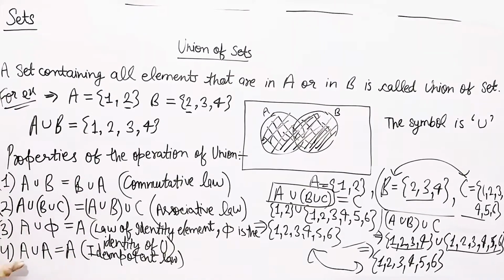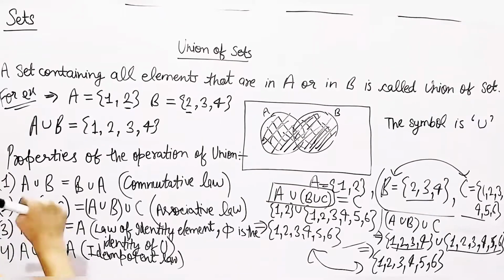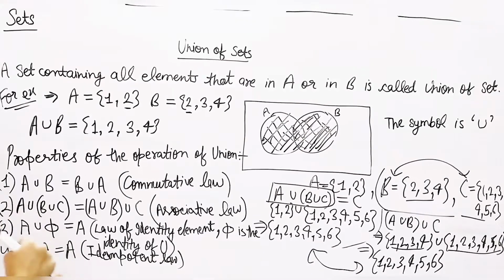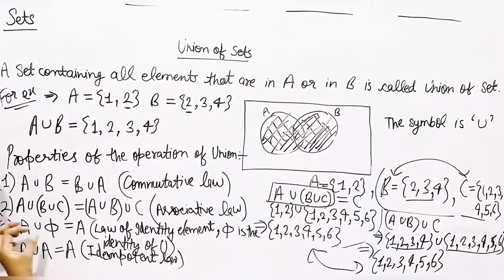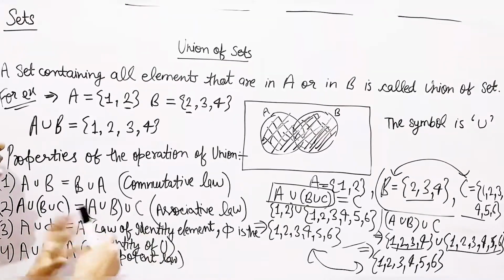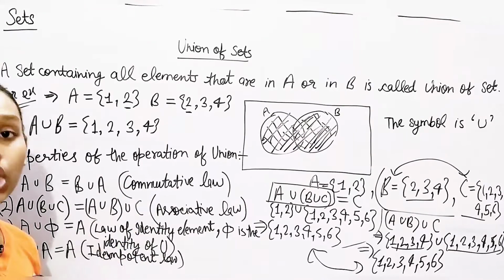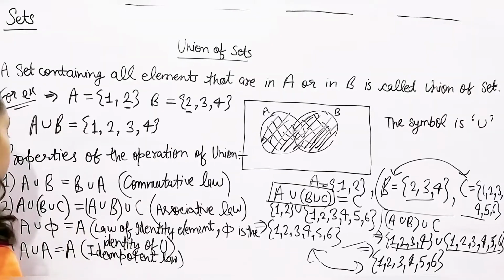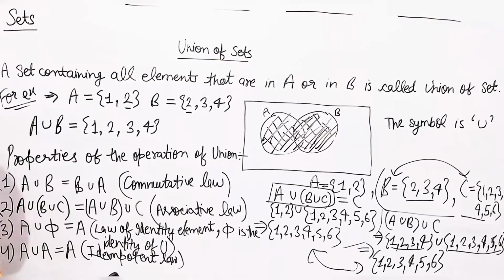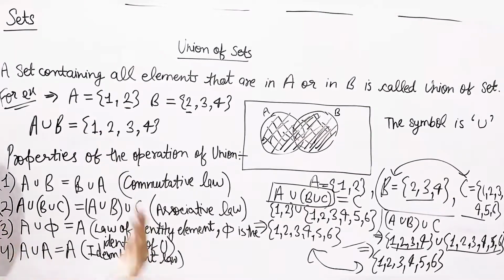It is trying to tell us that the union of set A with itself is actually set A. According to this law, whether it is intersection or union, any set with itself returns the same set. So A union A is equal to A, and A intersection A is equal to set A.